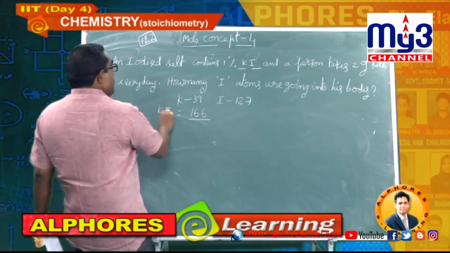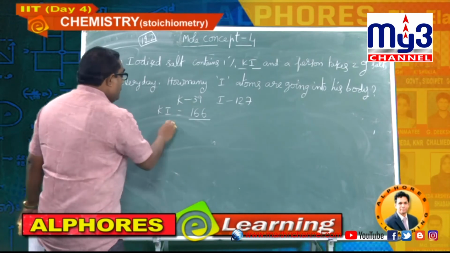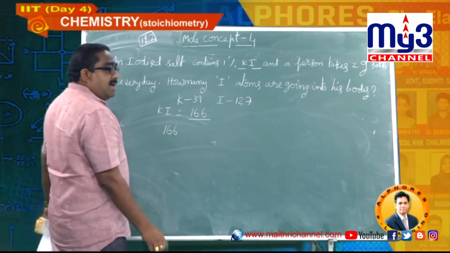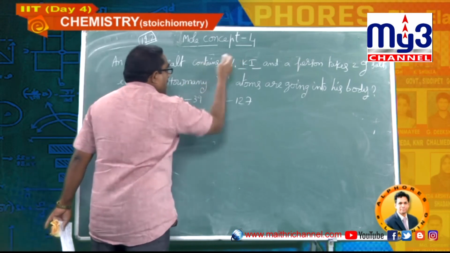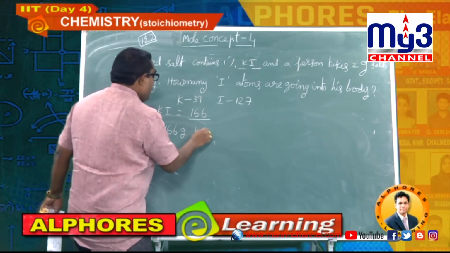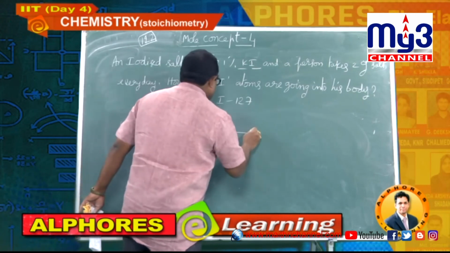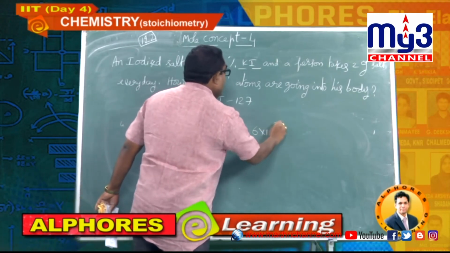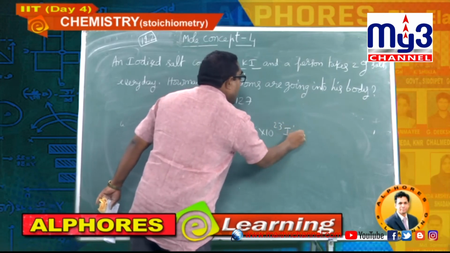In potassium iodide, an ionic compound, 166 grams of potassium iodide contains 6 into 10 power 23 iodine atoms.